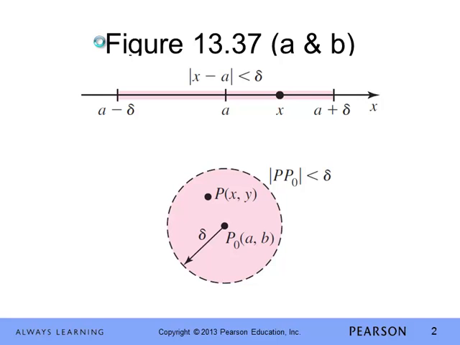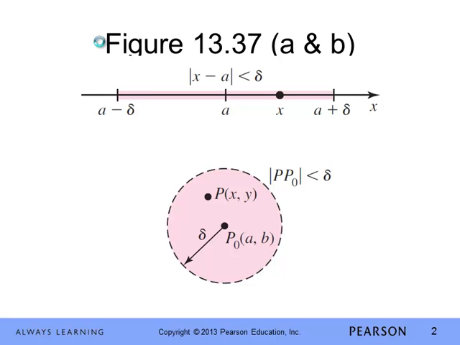Well, that's okay for our function of a single variable, but how does it work when we have a function of two variables? Well, remember that the domain of our two variable function is going to be a two-dimensional patch of real estate on the xy plane instead of some interval on the x-axis.